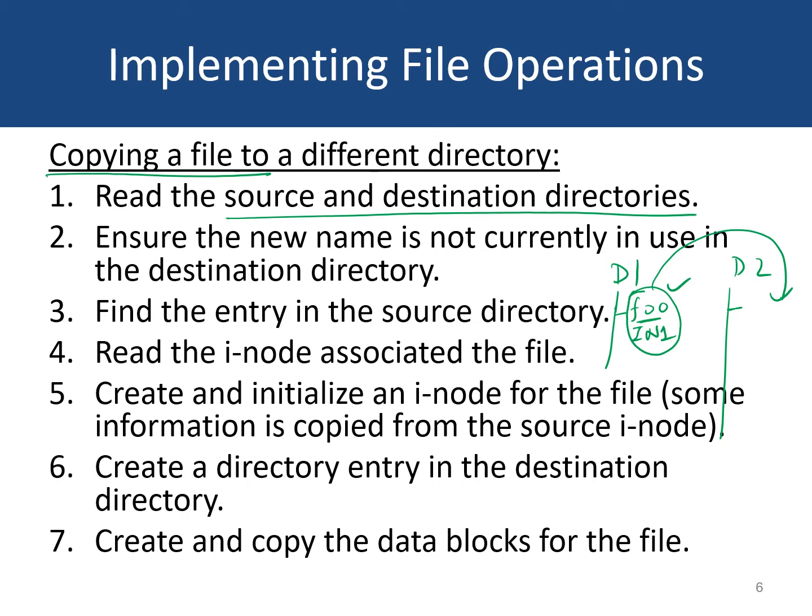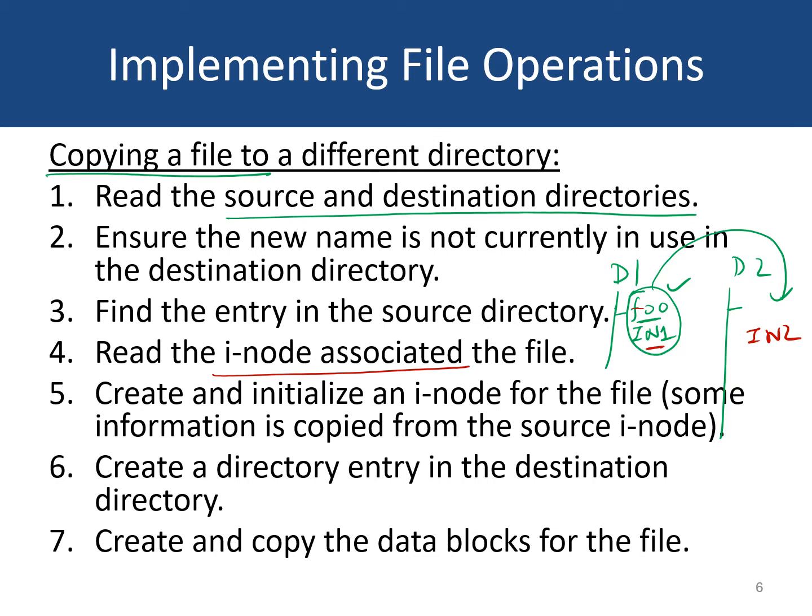So let's assume that right now there is no existing file foo inside directory D2. So we can start the copy process. We'll first read the inode associated with the file. So this is, let's say, inode 1 here. To create a new copy of this file foo in directory D2, we would need to create a new inode. So let's say we create this inode 2, which would be the inode for a copy of foo in D2.